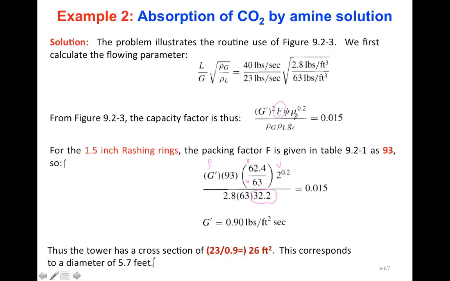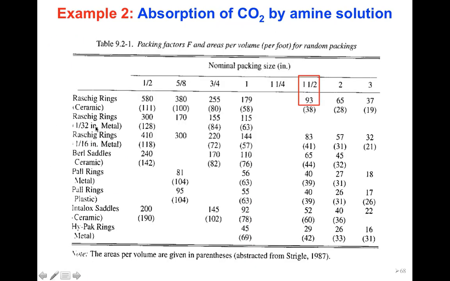For the packing factor, we have 1.5 inch Raschig rings. We have a table for that. This is the table that will be given to you. We have Raschig ring, this is my Raschig ring here, and it is ceramic actually.